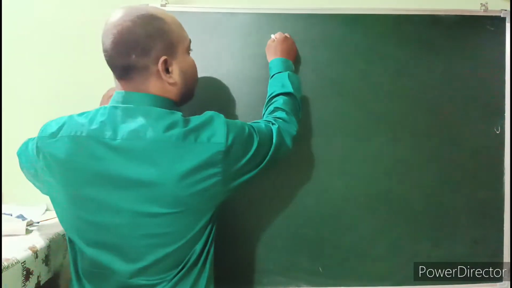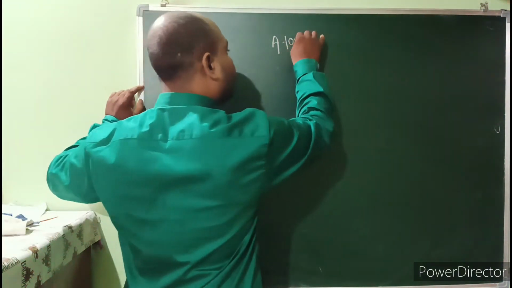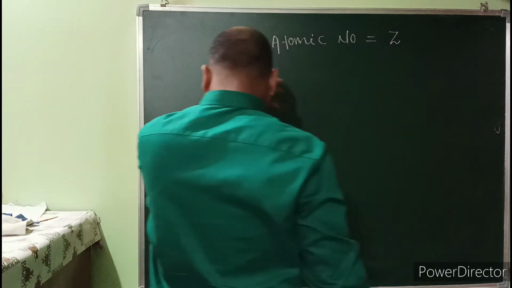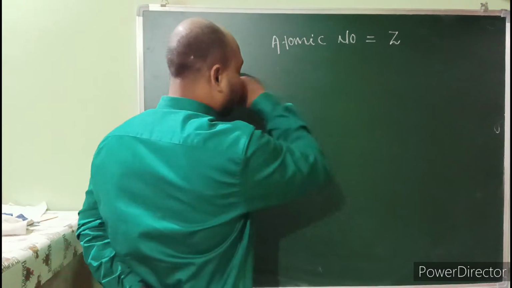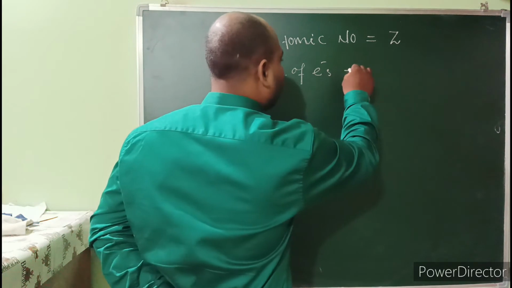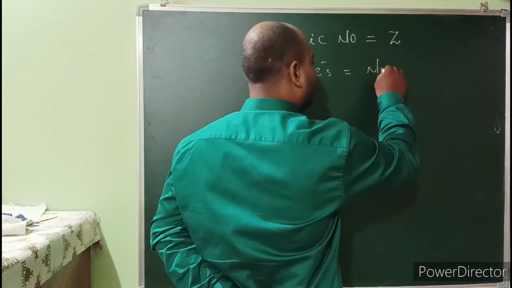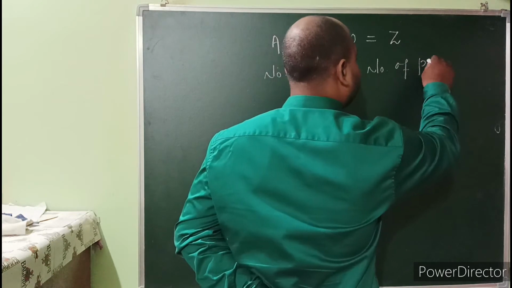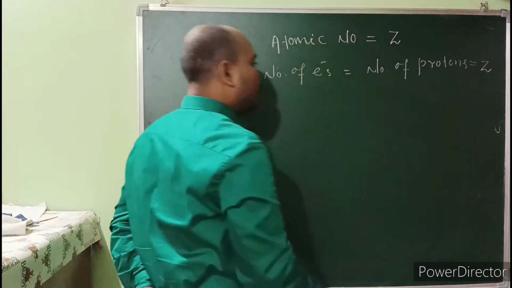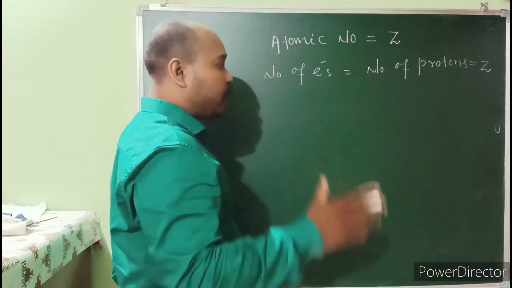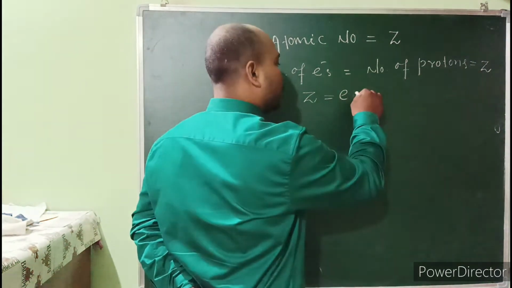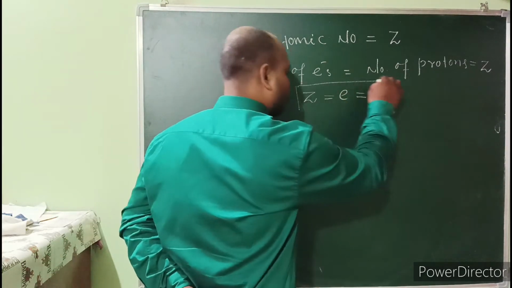According to him, the atomic number is considered as Z. He said that the number of electrons is equal to the number of protons, which is equal to Z. So we can say that for an atom, the atomic number tells how many electrons and how many protons are present.